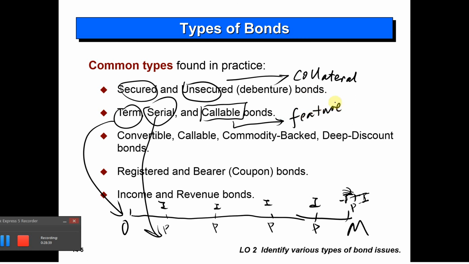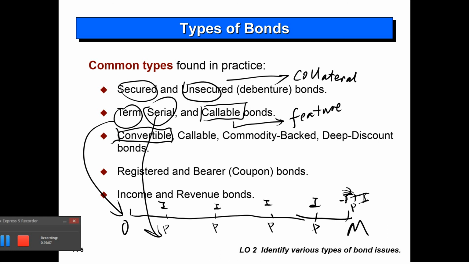This feature gives the bond issuer the right to call and redeem the bonds prior to maturity. Okay, now we have convertible bonds. If you think about the callable bonds and the convertible bonds, those two are more like a pair.